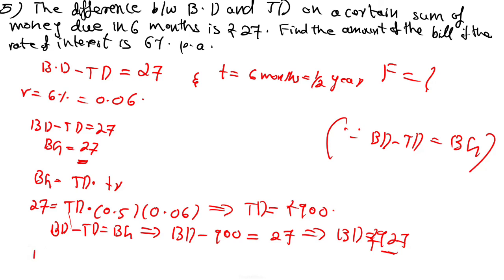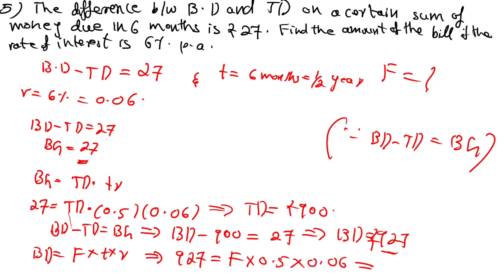We have the formula BD is equal to F into T into R. This implies 927 equal to F into 0.5 into 0.06. Simplifying using a calculator, face value of the bill equal to 30,900.